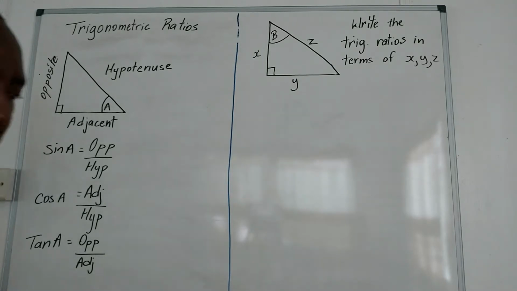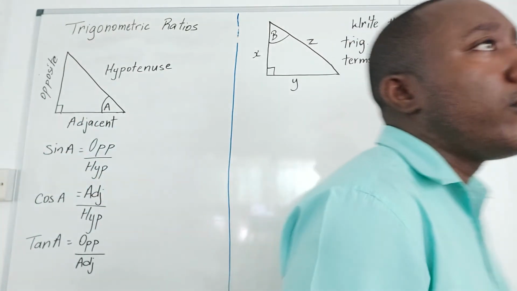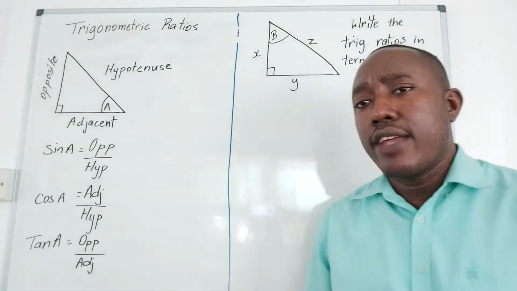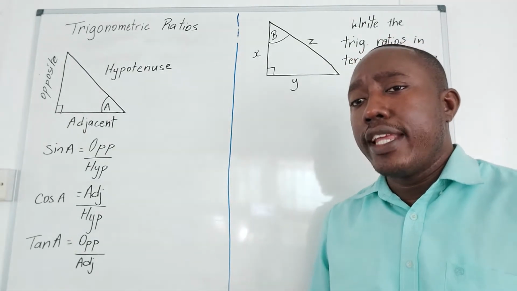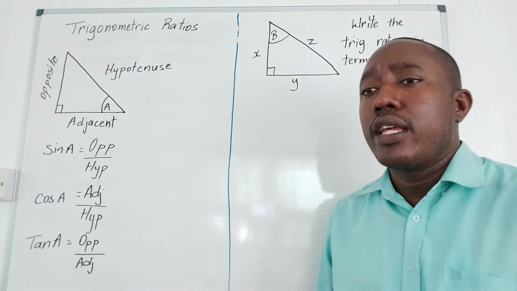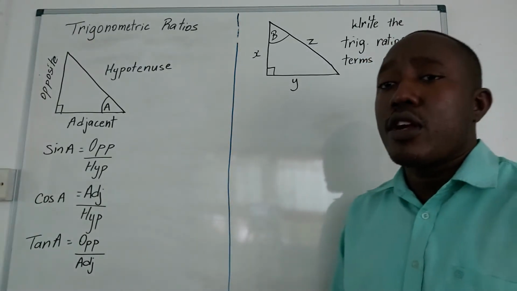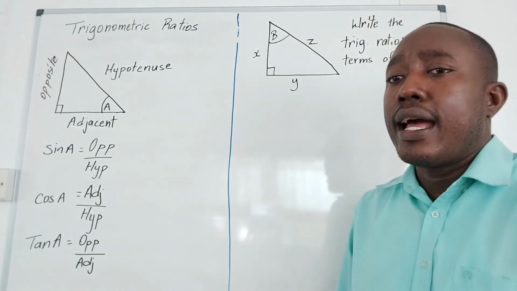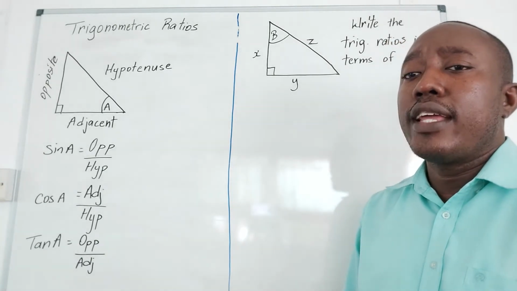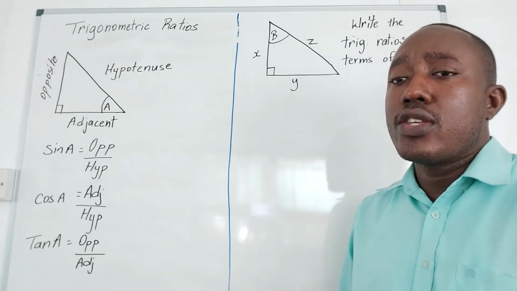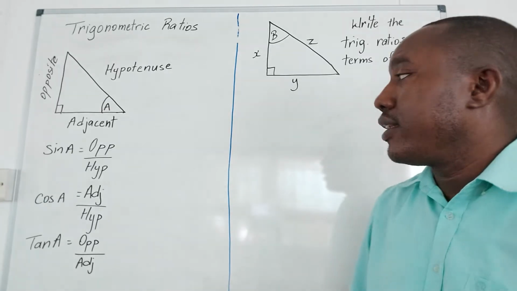Now, in a right angle triangle, when we're talking about the opposite and adjacent, we talk about it in relation to an angle. So, we first must observe which angle we're talking about and then identify the opposite and the adjacent based on that angle.